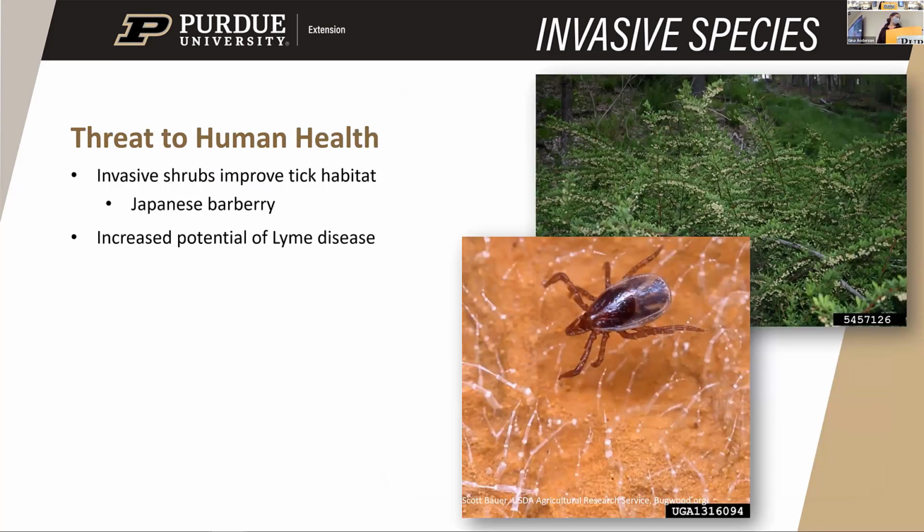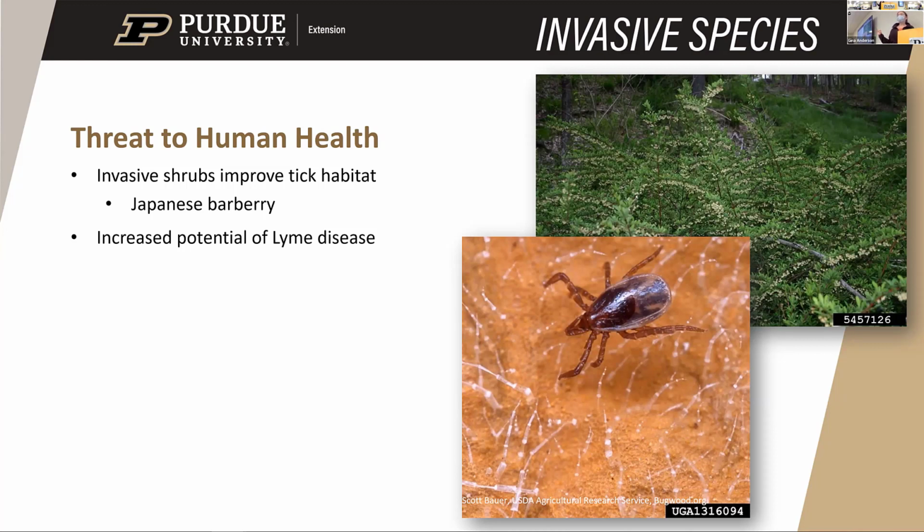All right, so then we have a threat to human health. My slides look a little bit different. This one is Japanese barberry. It starts to take over native areas and increases the moisture habitat, and that habitat increases mice and ticks.